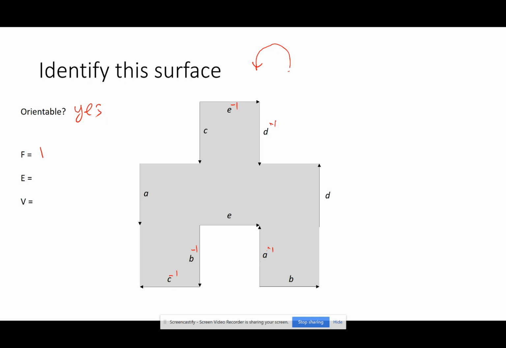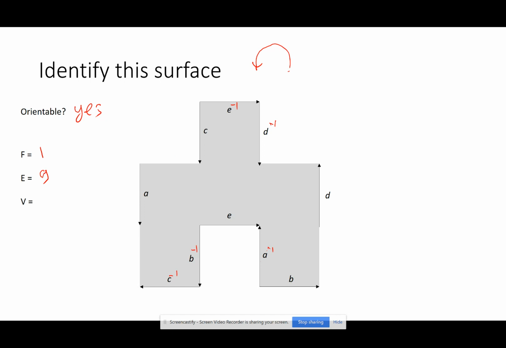Here we have 5 labeled edges, A, B, C, D, E, and 4 unlabeled edges: 1, 2, 3, 4. These 4 unlabeled edges are going to form the boundary of our surface. But currently, we just need to count them as edges. So there are 4 unlabeled and 5 labeled edges. So the total number of edges is 9.